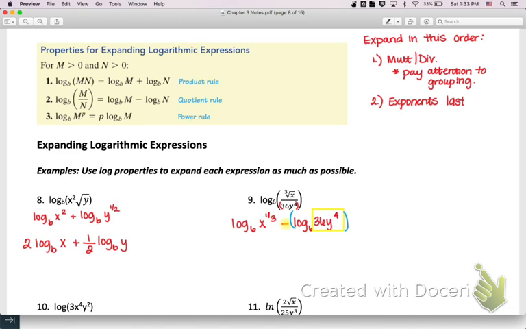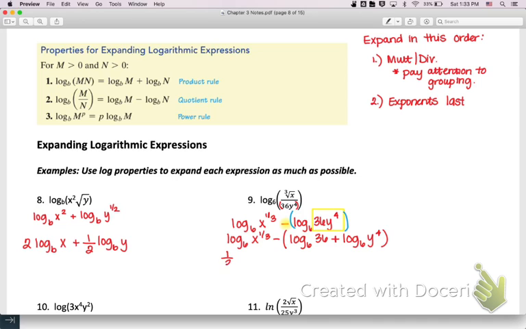Okay, so we have the log base 6 of x to the 1/3 minus the log base 6 of 36 plus the log base 6 of y to the 4th. Okay, so now we've got those split up. We can distribute that negative now and move our exponents because we're all done with everything else.